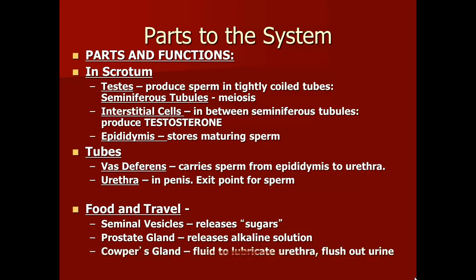And then lastly, the Cowper's gland produces a fluid to lubricate the urethra for easy passage. It also first flushes out any particles of urine that may be in it so they don't damage the sperm cells. So those tubes and the food and travel are important things for you to know.